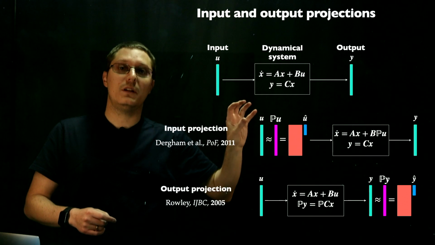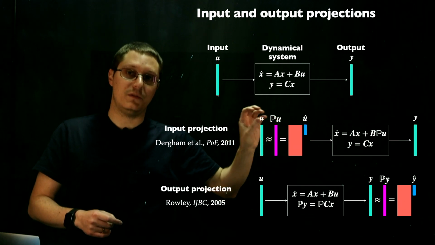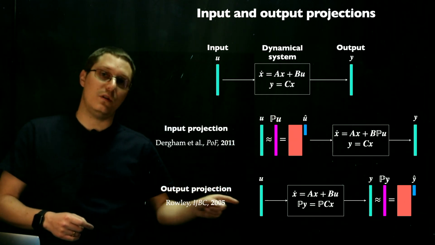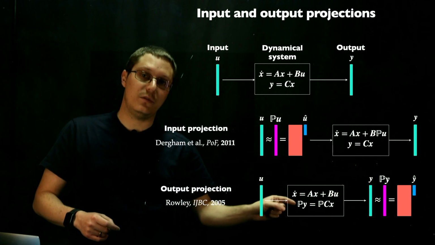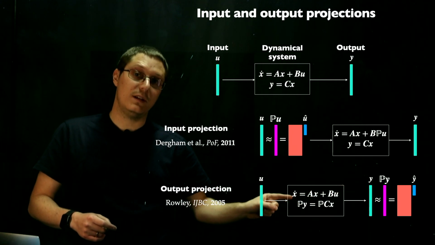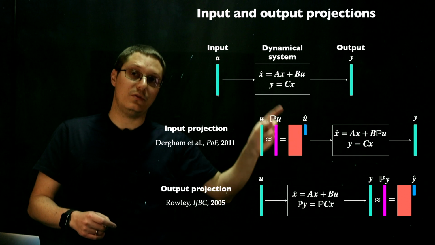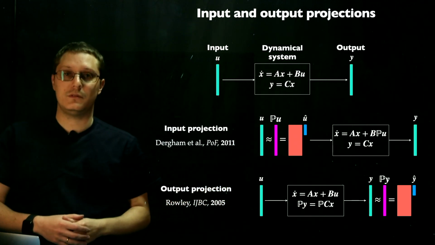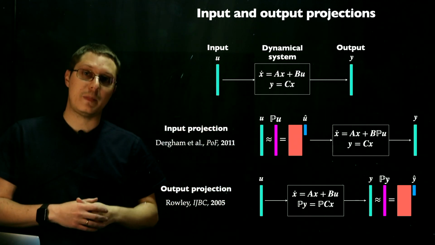So you want to build a projector that achieves that. And the same goes for output projection. So here you're projecting just the output, but you want this projected output to be close to the original output, or to the output of the original system.